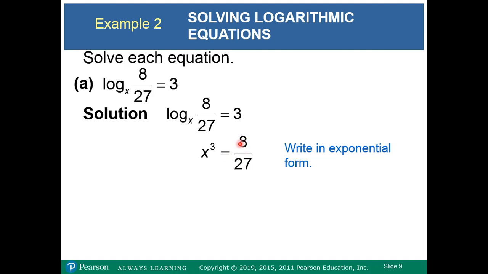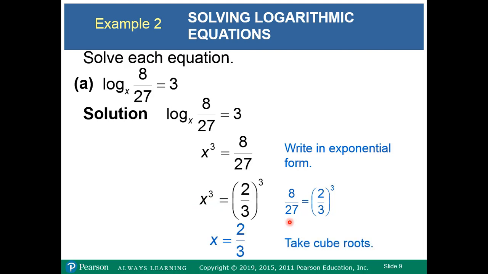Well, this is 2 to the third, and this is 3 to the third. So we can write this as 2/3 raised to the third power. And now x to the third is equal to 2/3 to the third, and in order for this to be equal, the bases must be the same. And so x equals 2/3, because if we take the cube root of both sides, we get x equals 2/3.